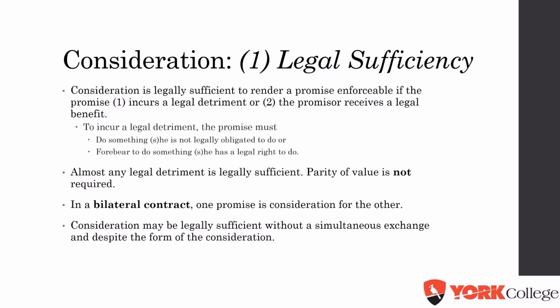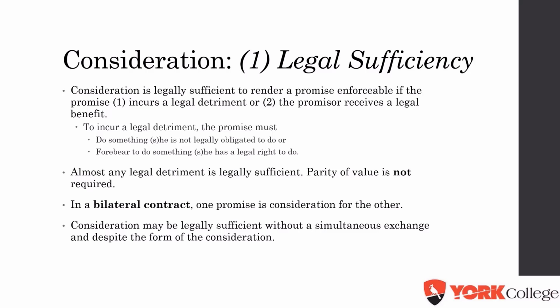So when you think of it that way, almost any legal detriment is sufficient. And the parity of value is not required between the two sides of the consideration coin. Perhaps Bob staying at Amanda's house is not worth $200, perhaps it's worth $10,000. It doesn't matter. As long as there's a legal detriment on both sides, then this is legally sufficient.